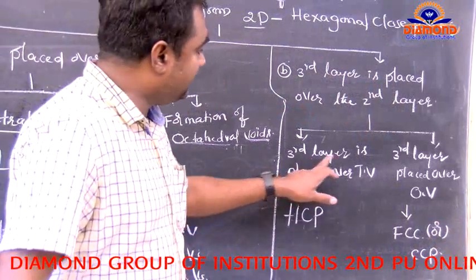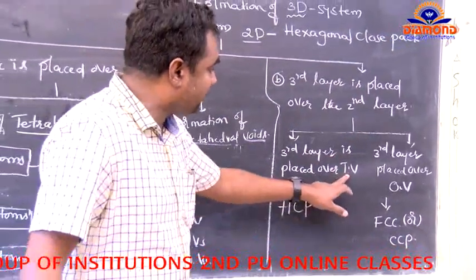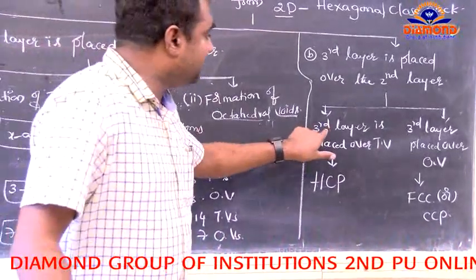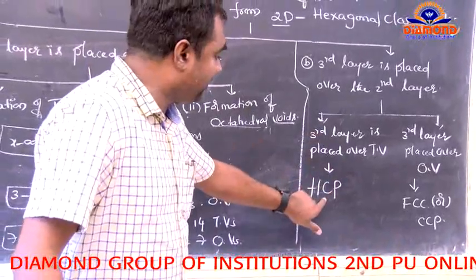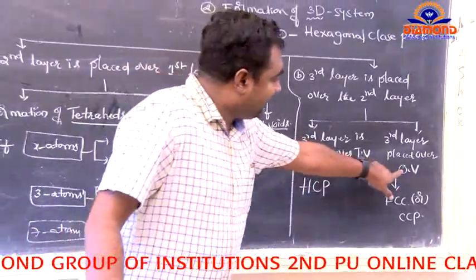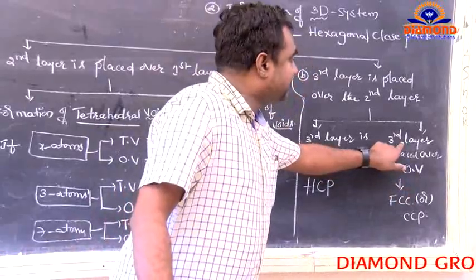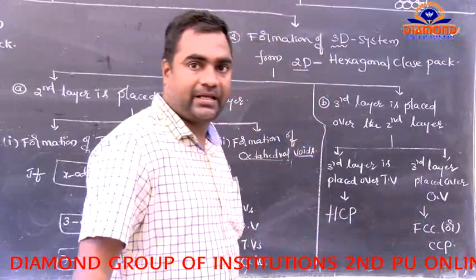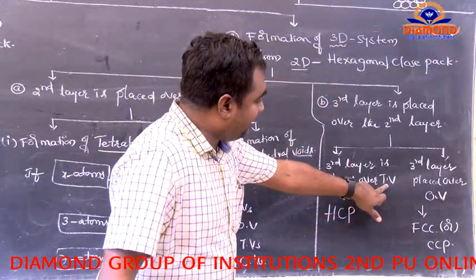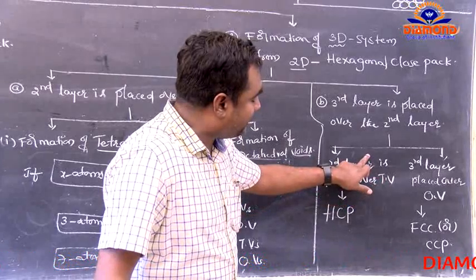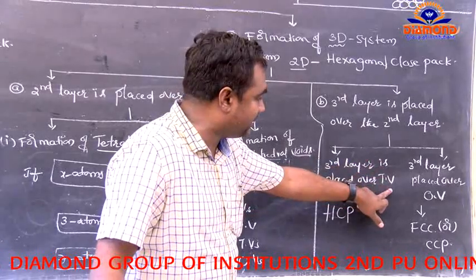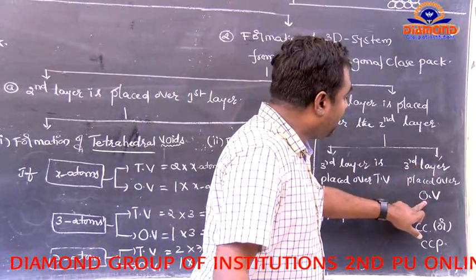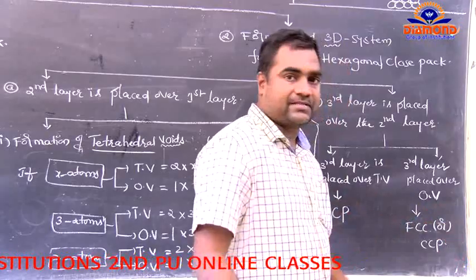So here, the third layer is placed over the tetrahedral voids, we get the HCP structure. The third layer placed over the octahedral voids, we get the FCC. So the third layer placed over the TVs, tetrahedral voids, gives HCP. The third layer placed over the octahedral void gives FCC.